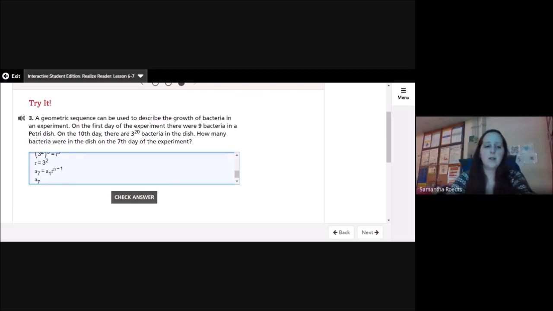So a sub 7 equals 3 squared, my rate, which is 3 squared, raised to the n minus 1 power, or the 6th power. 3 squared to the 6th power is 3 to the 12th power. Since these both have the same base, I get 3 to the 14th.